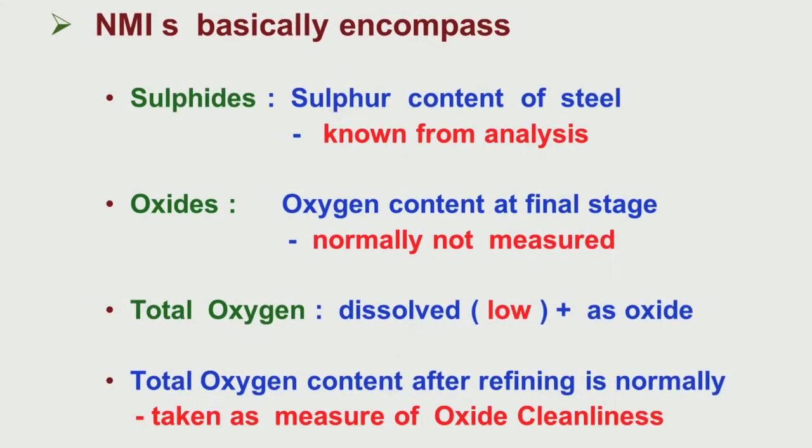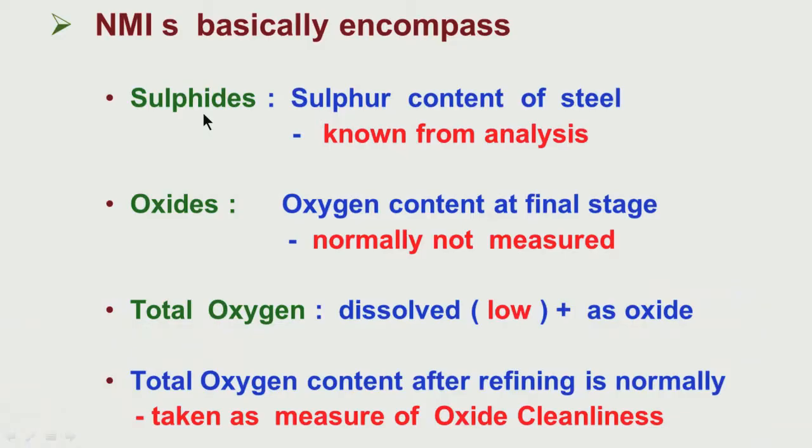Now, let us talk about these NMIs, non-metallic inclusions. I have told you it can be sulfides or oxides or oxysulfides. Now, the sulfur content of steel is normally known from the analysis. That means, when you are analyzing the steel, we know whether the sulfur content is 0.015, 0.01, 0.005 or not.